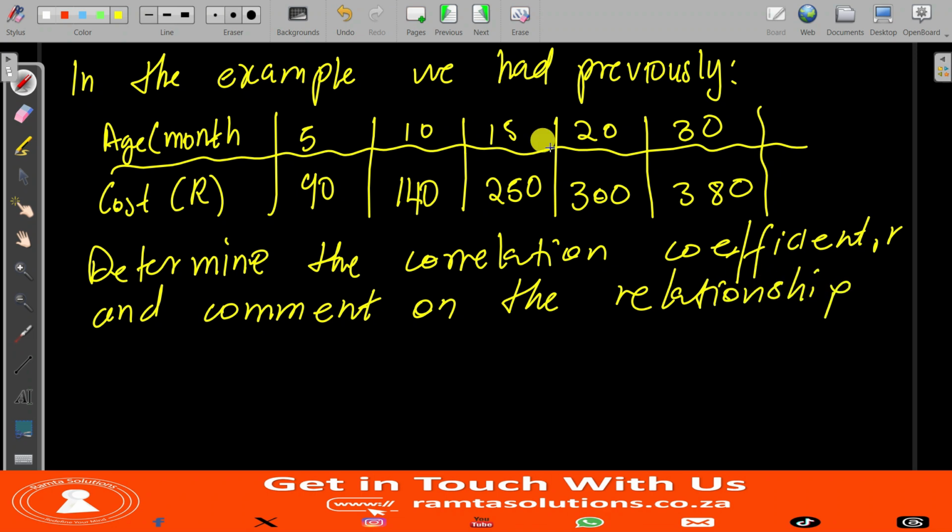I recall in the previous video, we found that this relationship gave us y equals 40 plus 12x, but it's fine. I'm going to show you how we can get this in our calculator.